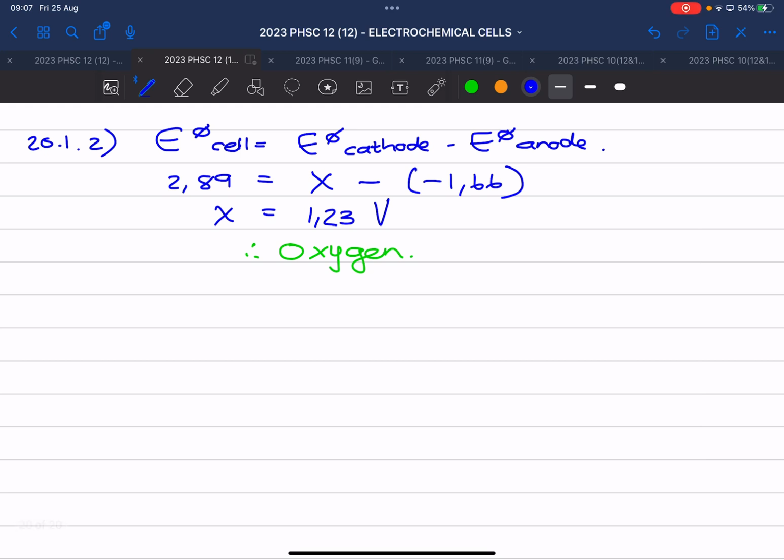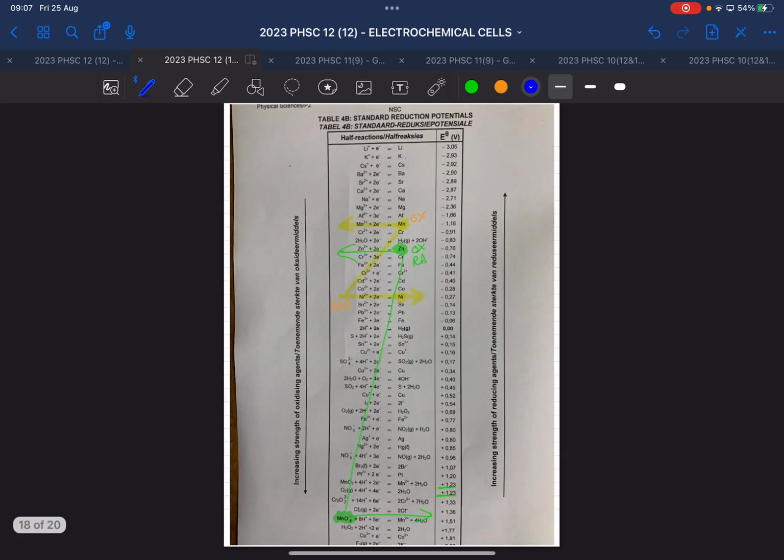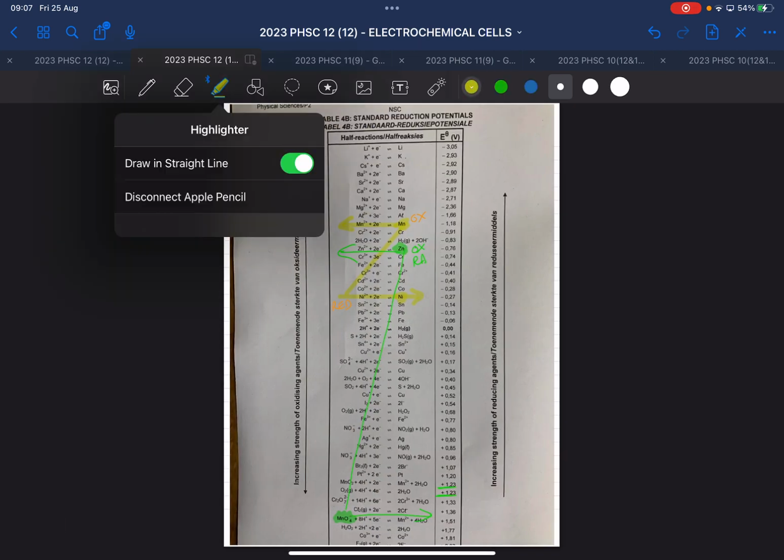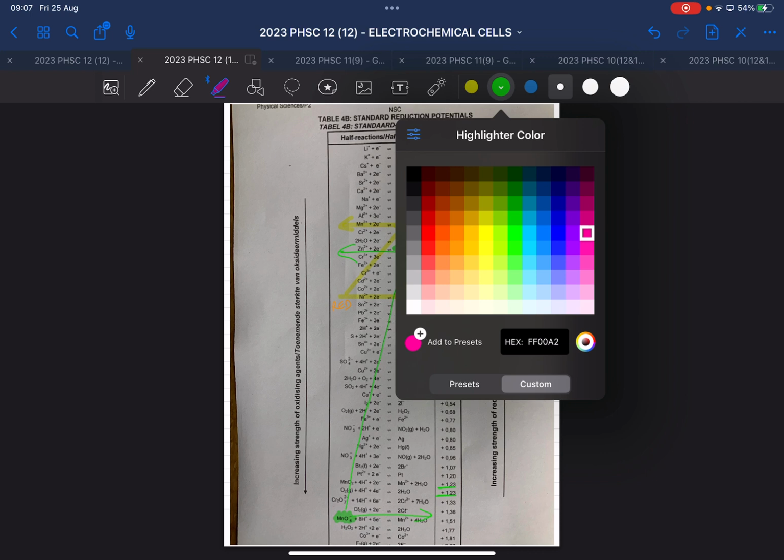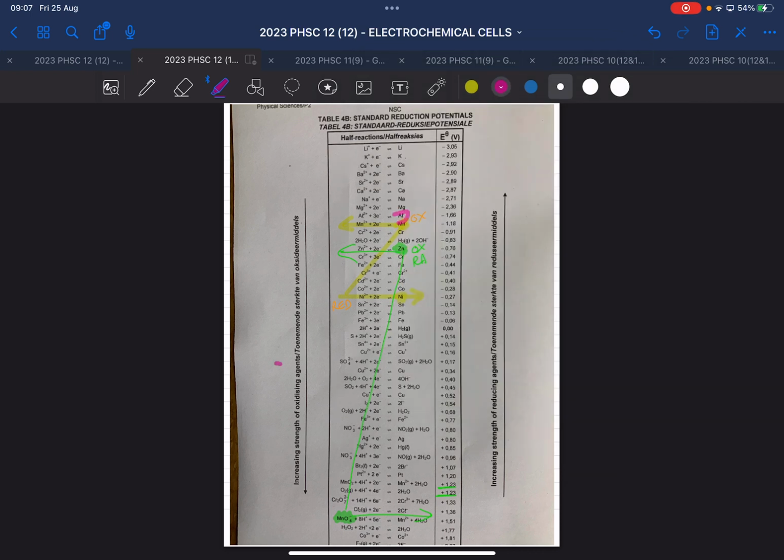Okay, then question 20.1.3, they ask, write down the formula of the reducing agent in the cell. Okay, back to table 4b. So we started with aluminium, goes that way, and then we have oxygen there, goes this way.